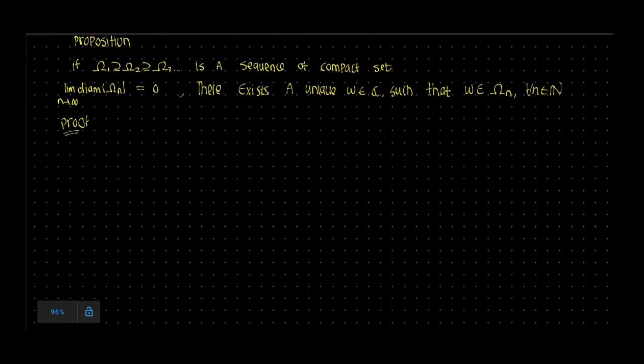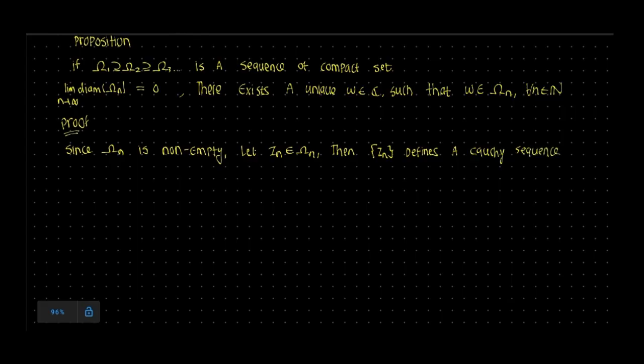Since omega n is non-empty, we can say let z n belong to omega n. Then z n defines a Cauchy sequence. And why is that?